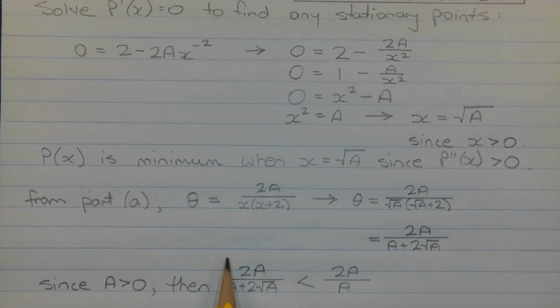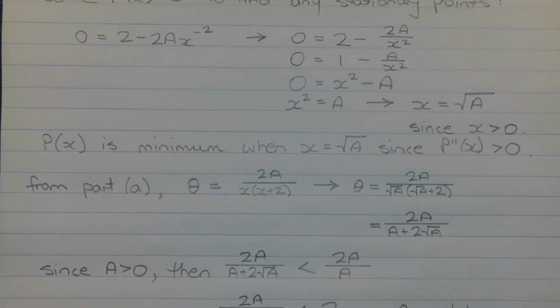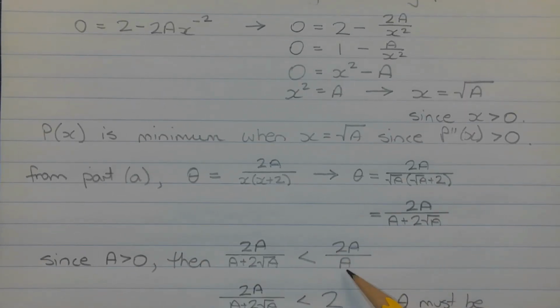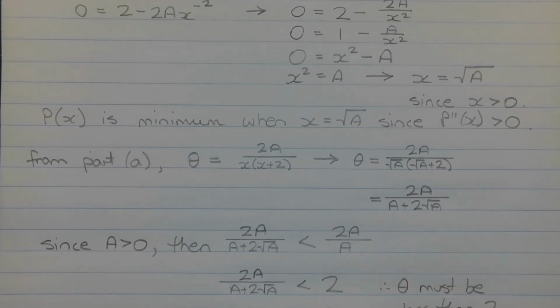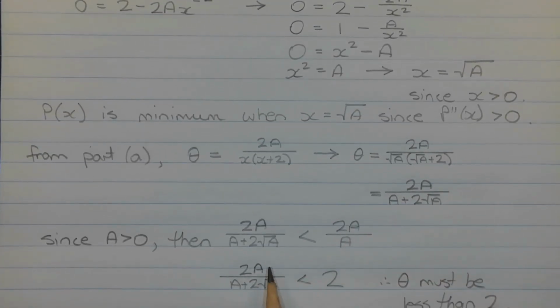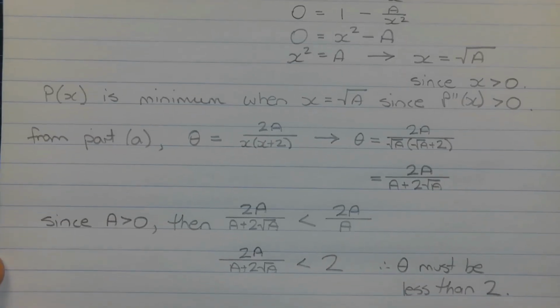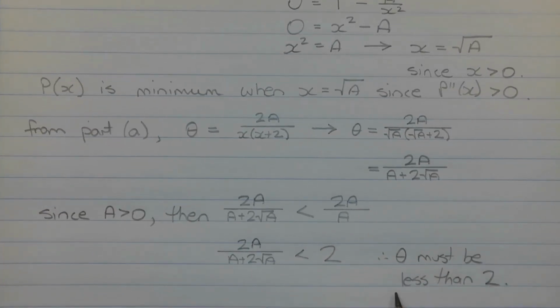So because the fraction on the left-hand side has a larger denominator than the fraction on the right-hand side, this fraction here is smaller than this fraction here. Now 2a over a will simplify to 2 because the a's will cancel. So 2a over a plus 2 root a is less than 2, and 2a over a plus 2 root a is equal to theta. Therefore, theta must be less than 2.